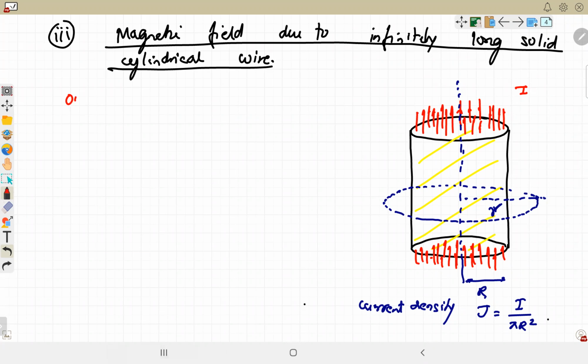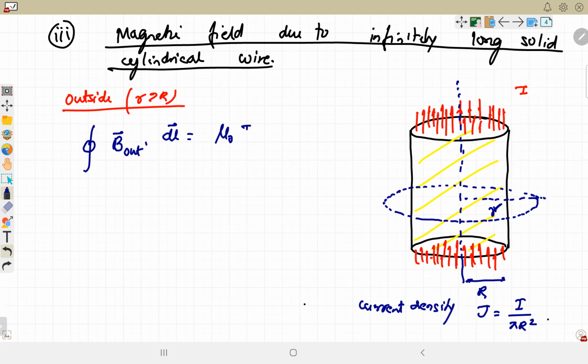Outside, the integral of B out dot dl is equal to mu naught times the total current passing through it.